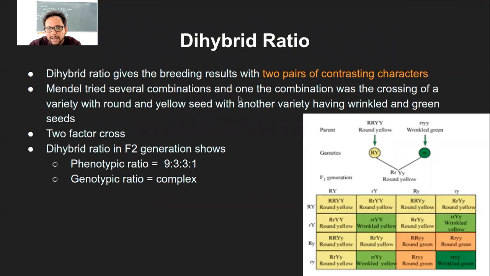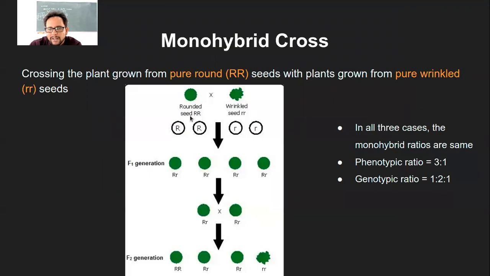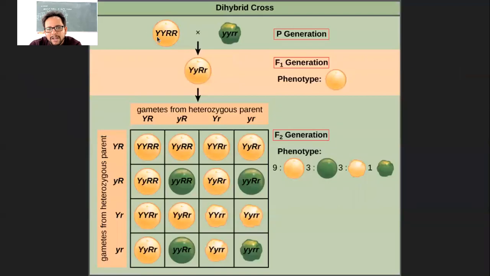In the monohybrid cross we had done, this was homozygous dominant for a single trait and homozygous recessive again for a single trait. Here we are taking homozygous dominant for both traits and homozygous recessive for both traits, and that is the way to go forward.